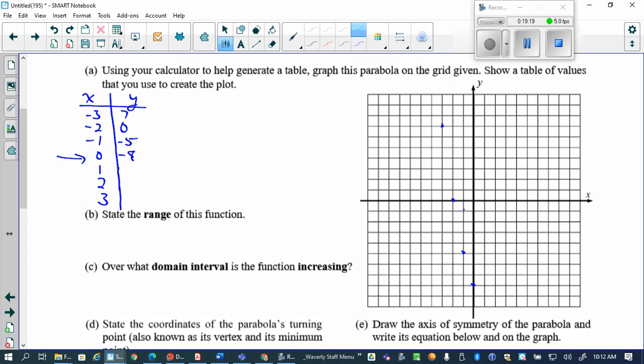I just copied it wrong from my book. So 1 is -9, 2 is -8, and 3 is 7. I just wasn't using a grid.